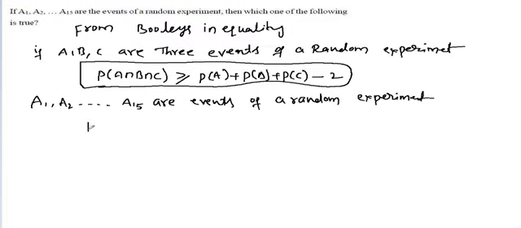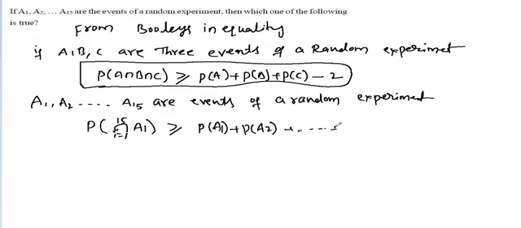Then this is written as P of intersection of i equal to 1 to 15 Ai, which is greater than or equal to P of A1 plus P of A2 plus up to P of A15 minus 14. This is the answer. The second option is the correct answer.